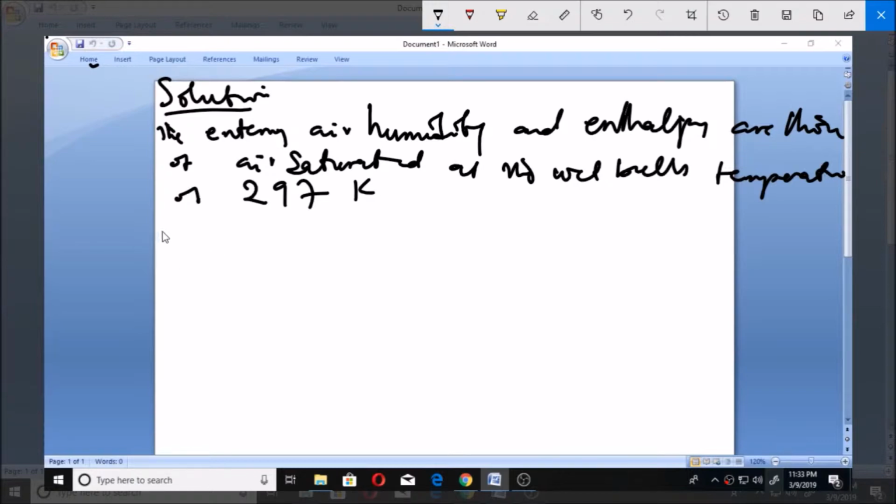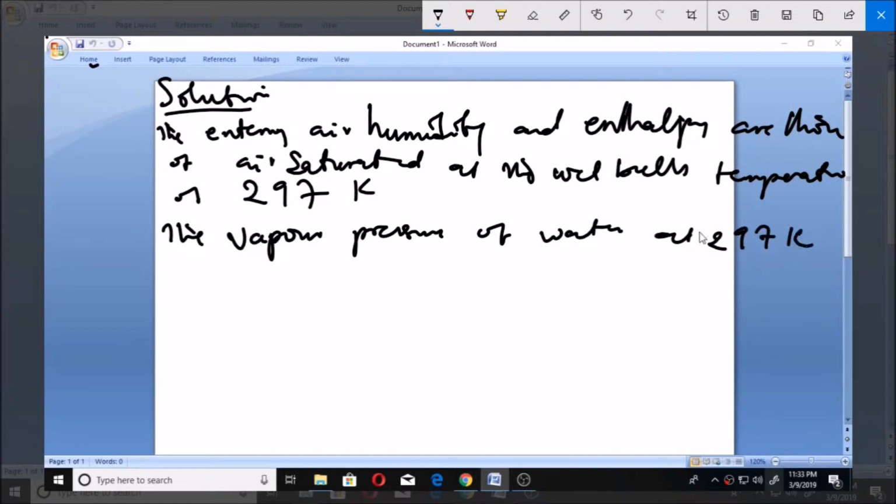So we can now say that the vapor pressure of water at 297 Kelvin, if we read it out from the table, is 2.982 kilopascal.